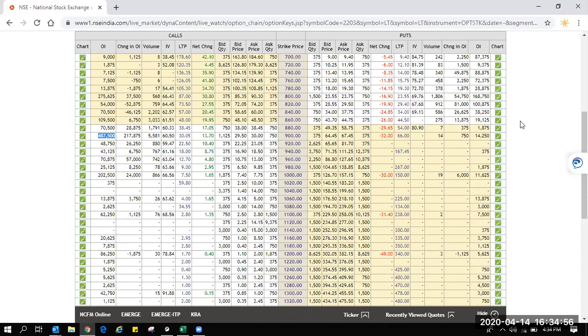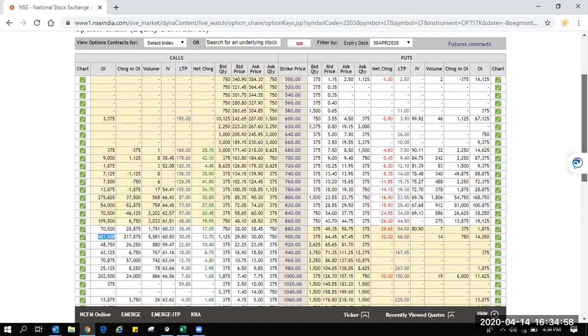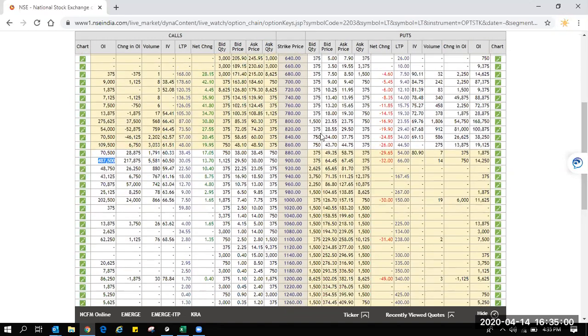Currently LNT is at 864 levels. So the nearest level coming is 900, and I can consider this as the first level of resistance. If it has to go up, the market will take a pause at 900 levels. The second set of resistance is 800, but we are already above 800.